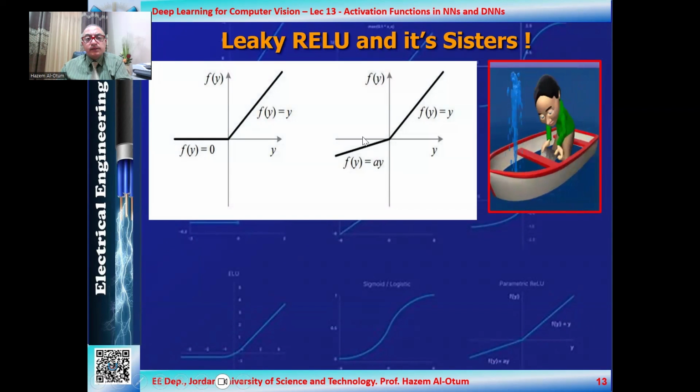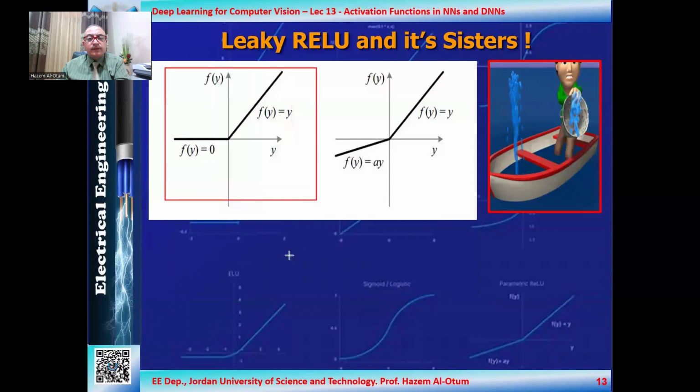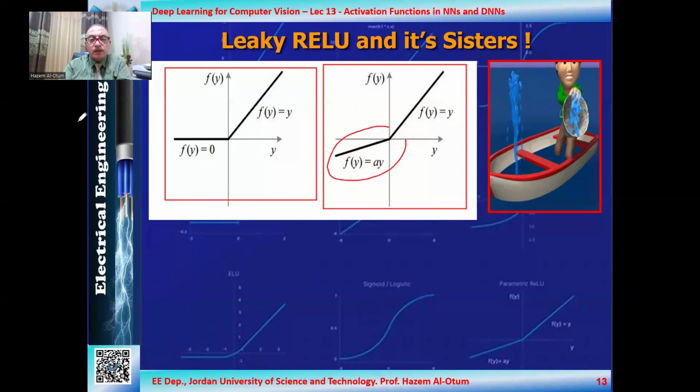What else? ReLU has a lot of versions. I call it here ReLU and its sisters. Here we have leaky ReLU. The ReLU function is very clear on the left-hand side, and the leaky ReLU is on the right-hand side. The modification is that we have changed the output for negative inputs, where we have the function f of y equals a multiplied by y.